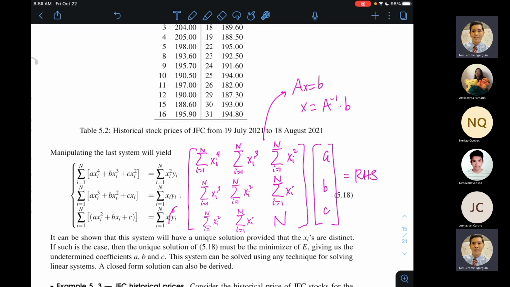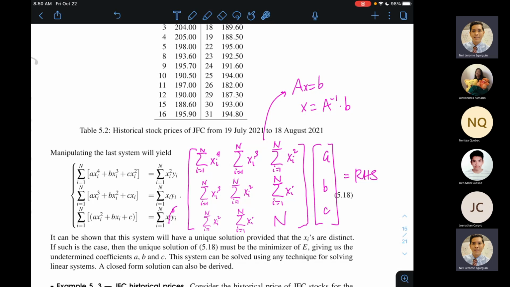So kapag kaiba-iba yung mga xi's, guaranteed tayo na itong coefficient matrix will have determinant not equal to 0. Therefore, the system AX equals B will admit a unique solution. And that unique solution is A inverse times B, right? So ibig sabihin nun, isa lamang yung candidate natin para maging minimizer, right? So siya lang yung solution nung equation 5.18.